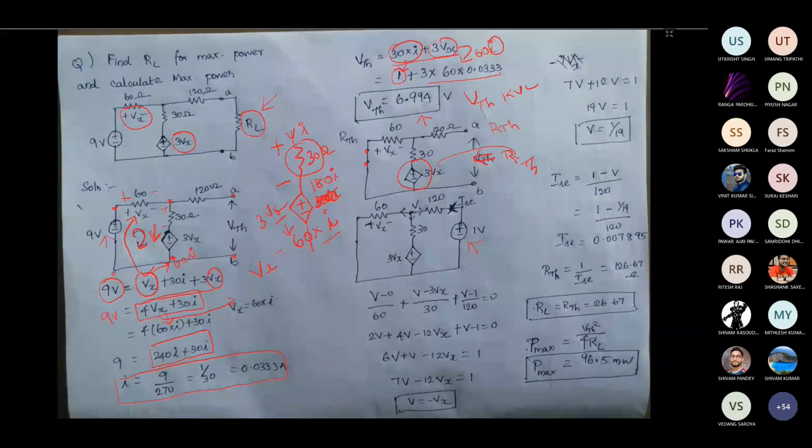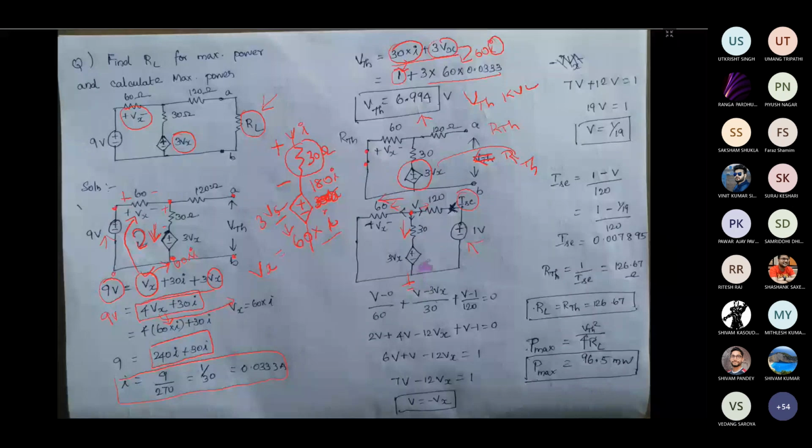Okay. Now what I am doing, I am applying nodal analysis here in order to find the current Isc I need. So for that I am applying nodal analysis. Okay, so this is the voltage. I'm considering current as coming out for all the nodes because there is no current source. So for all the branches currents are going out. So if I want to mention the current flowing through this path, I have to write Vx minus 0, because I have to consider the reference node.